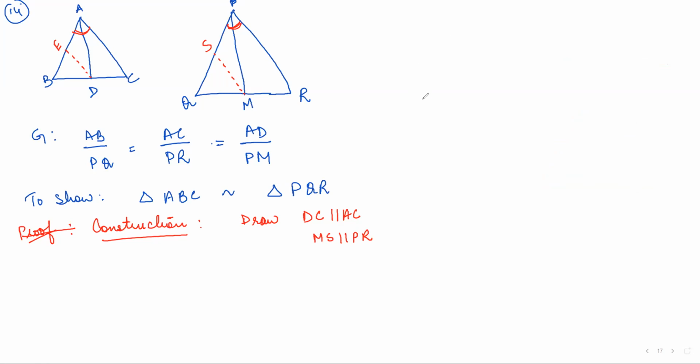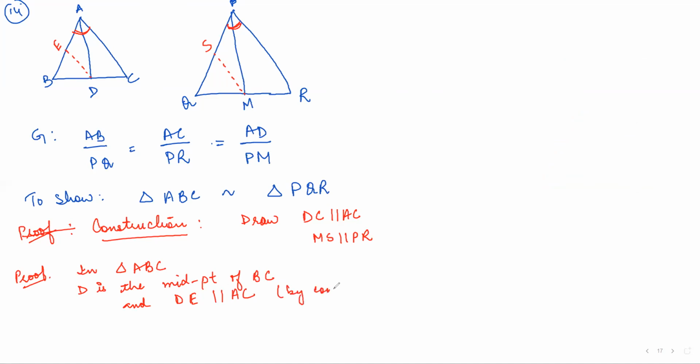Okay. Now take this proof now. In triangle ABC, right? Yes, ma'am. Now D is the midpoint of BC. This is actually given to us. And then we have the line DE parallel to AC, by construction.